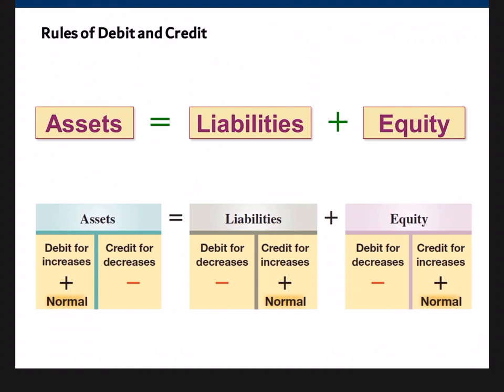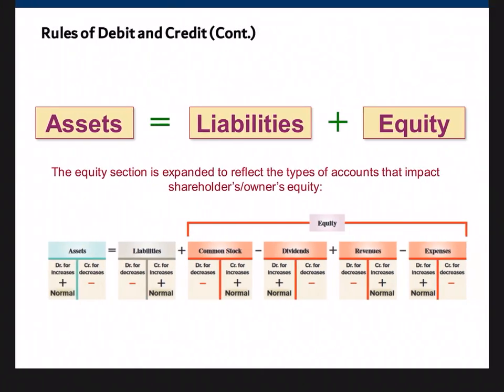Again, if you're thinking back to net income or net loss, you may be thinking, Professor, you said net income increases or decreases equity. Net loss decreases it, net income increases it. And that is true, but bear in mind, net income or net loss is the mathematical difference between revenues and expenses. So if we're thinking in terms of different types of revenue and expense accounts, revenue accounts increase equity, expense accounts decrease it. So this slide breaks out that representation.